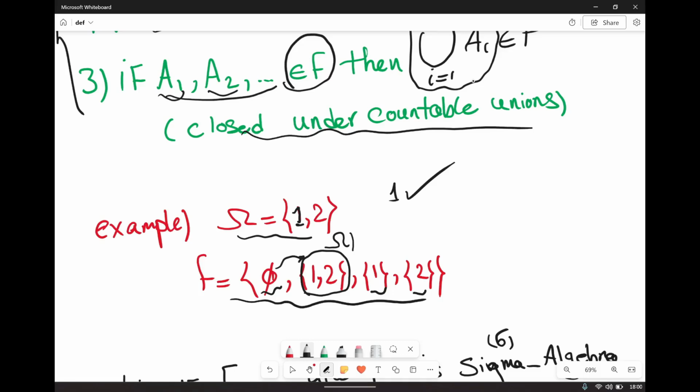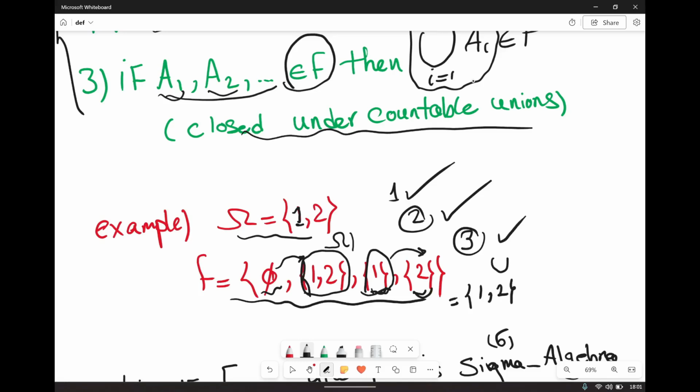Yes, because this is the complement of the empty set and that one is the complement of these. The complement property is okay. About the third, yes, every member you consider, and after that you take the union of them, is also the set {1, 2}. So the third property holds, therefore that is a sigma algebra.